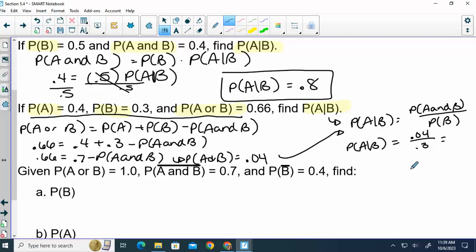And what's that give me? I got 0.133. So it's not just a guarantee that it's only a single formula. Sometimes we have to use a couple.